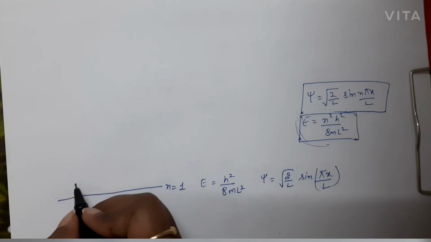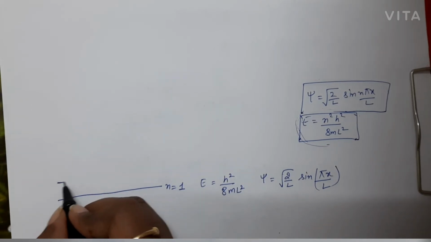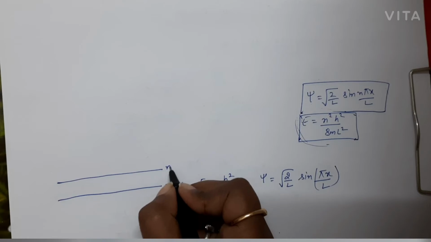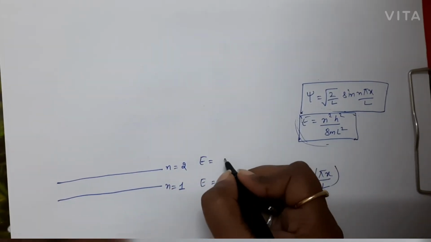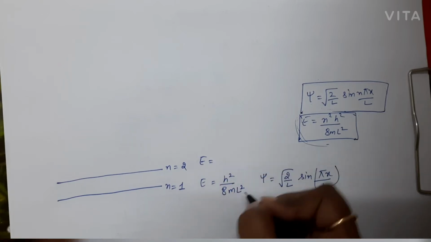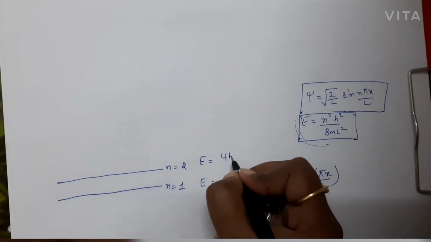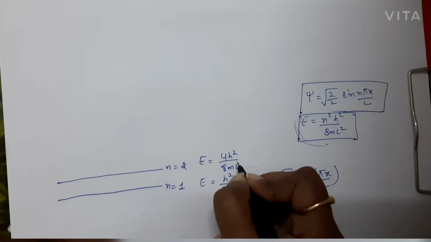Now moving on to energy level 2, n equals 2. Here energy will be equal to 2 square h square by 8mL square, that is 4h square by 8mL square.